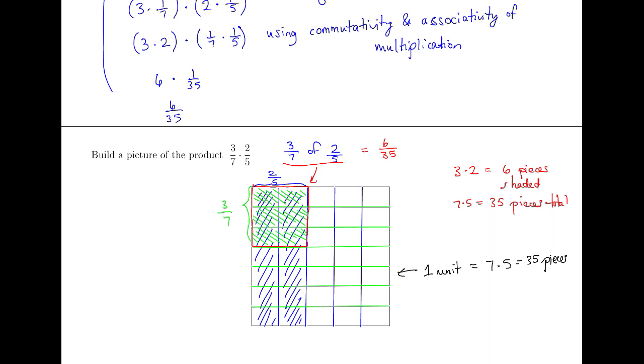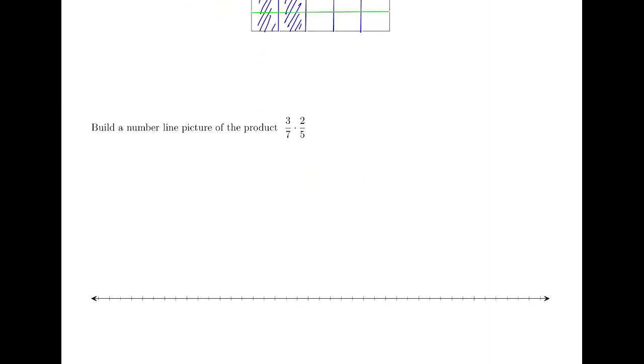Okay, and we'll bring back the number line picture. 3/7 of 2/5. Well, I'm going to go from the fact that we already know some stuff and say, I know we're going to build each unit into 35 equal pieces, into 35ths. And so each fifth is going to be 7 parts.